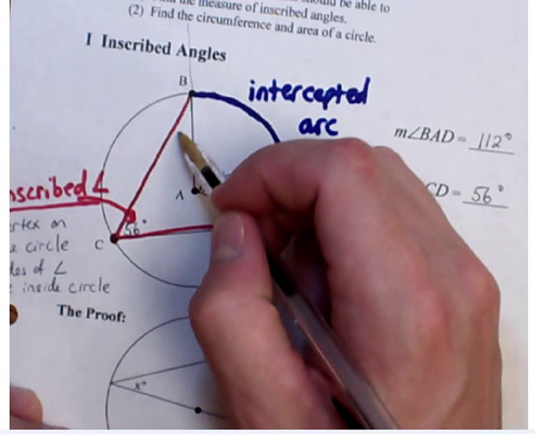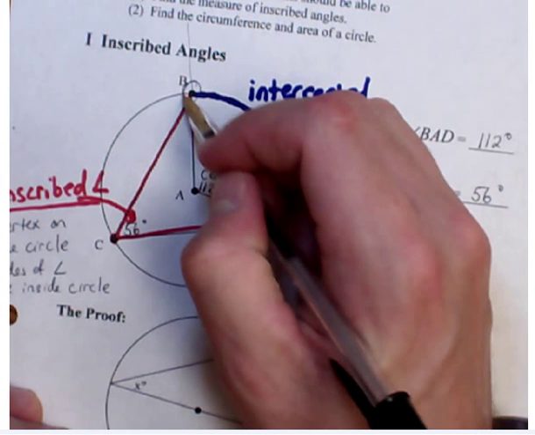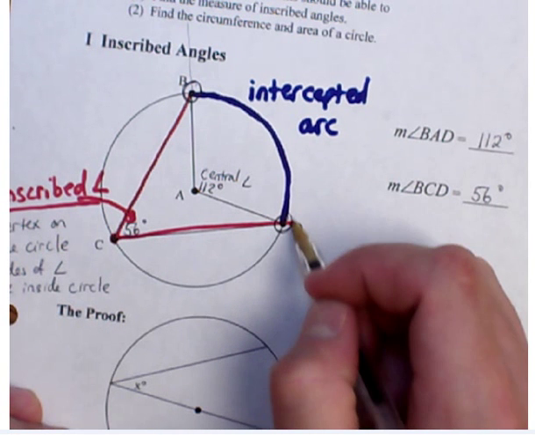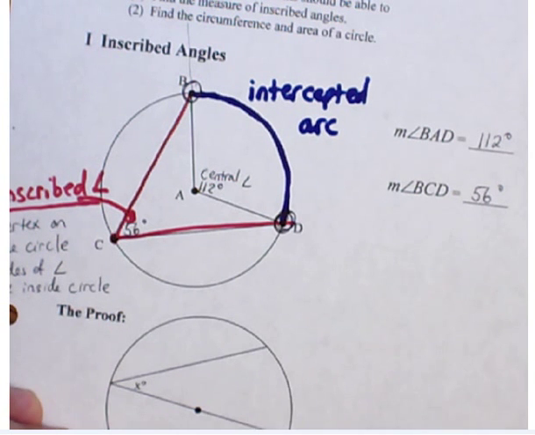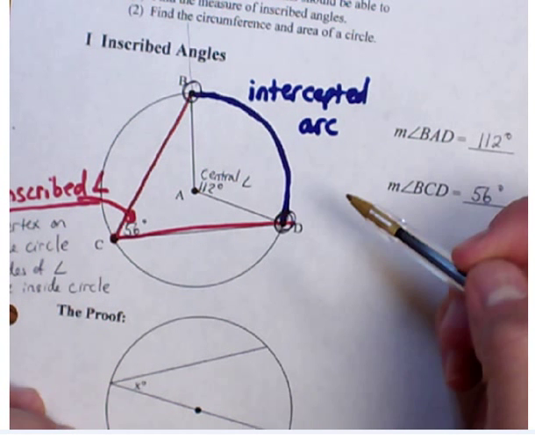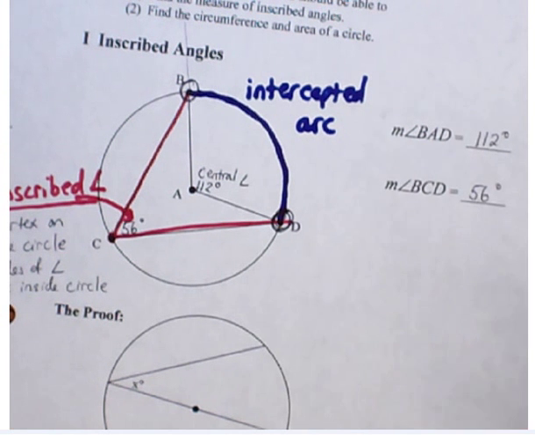They hit at point B here, and they also hit at point D here. The arc between those is called the intercepted arc. It's kind of like in football, if you intercept the ball, that's where the defense cuts in front of the offense to get the ball.